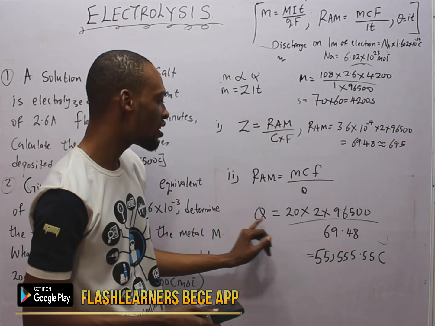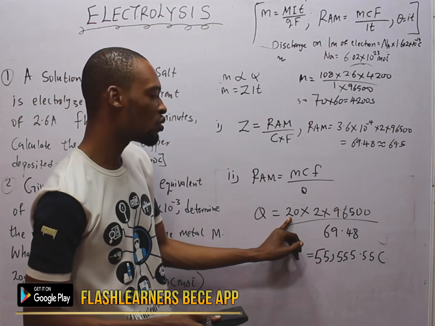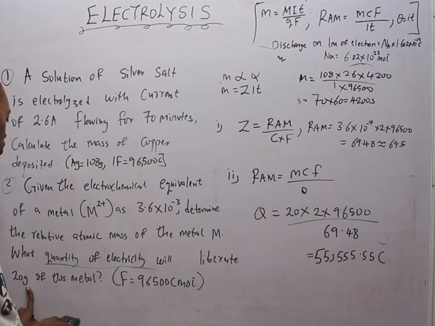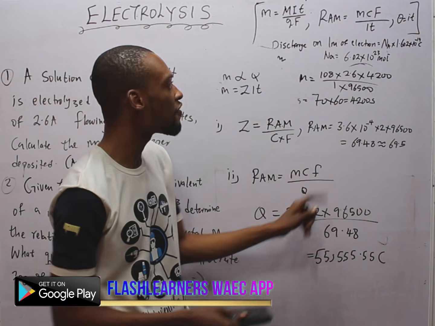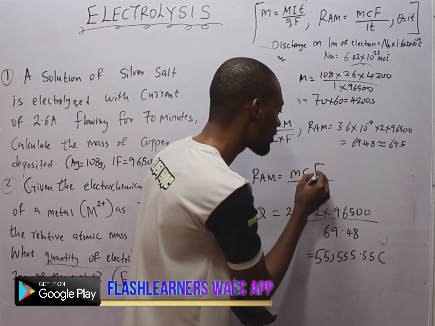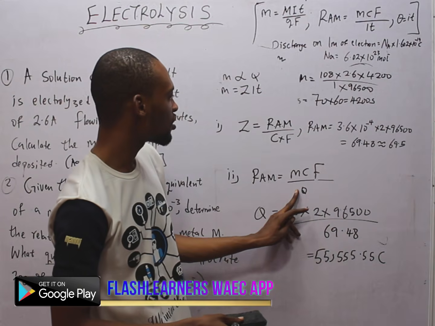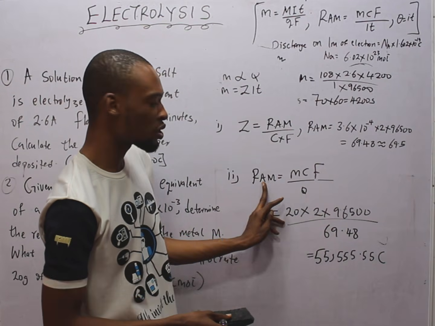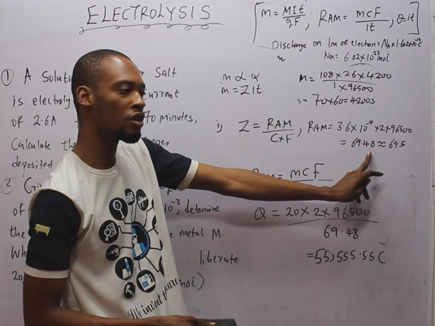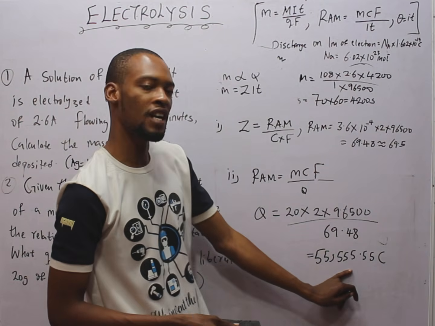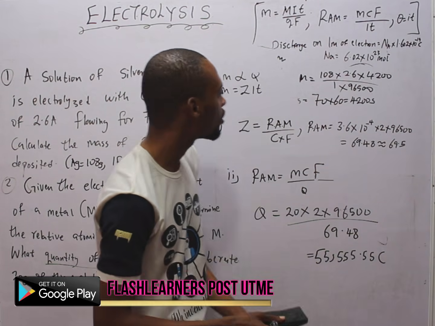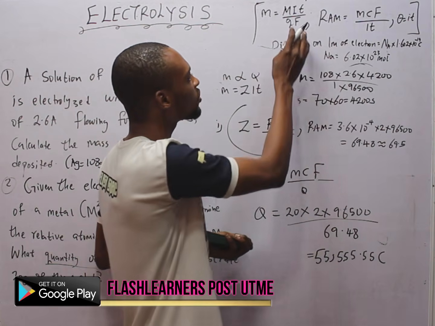Making Q the subject of the formula, Q is simply equal to 20, which is the mass, we are told, 20 grams, times C, the charge, 2+, times F, Faraday, over the relative atomic mass, which is 69.48. So that gives us 55,555.55 coulomb.